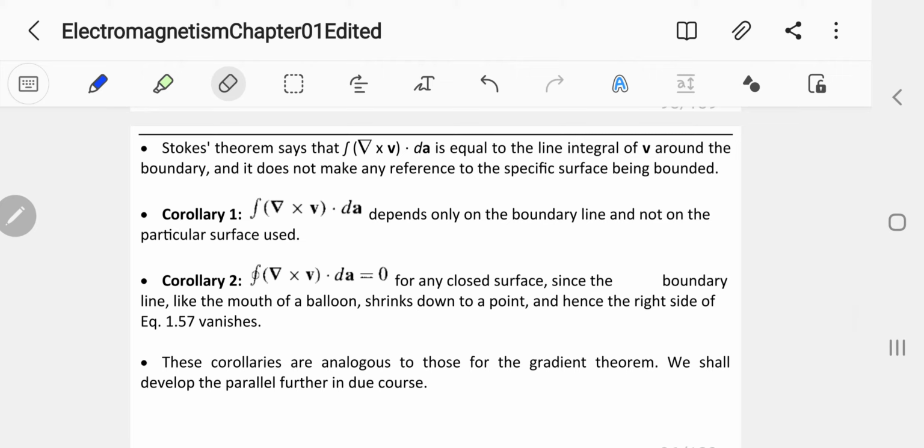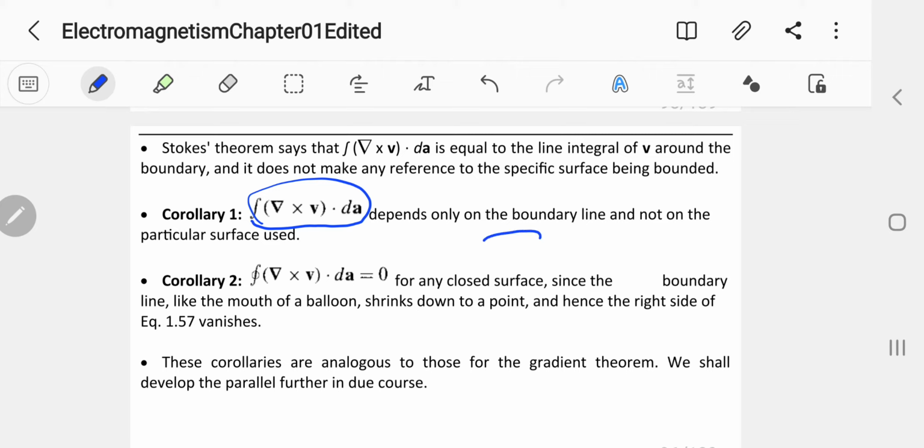So this one here, again, as with the fundamental theorem of divergence, the integral of a curl over a surface is dependent only on the boundary line, not on the particular surface used.